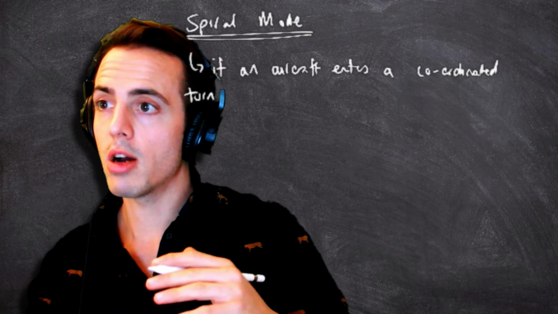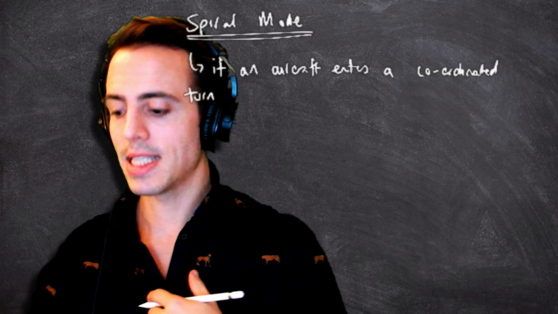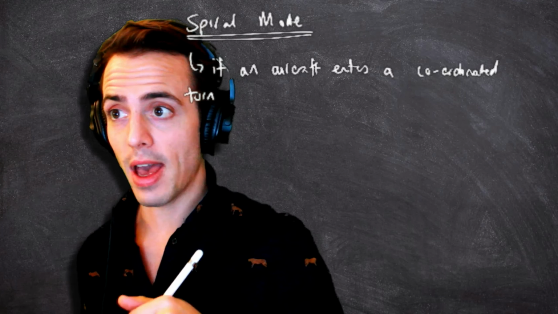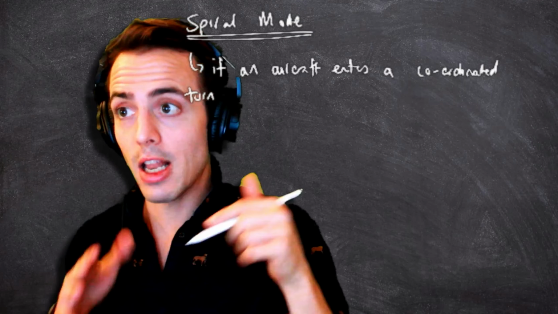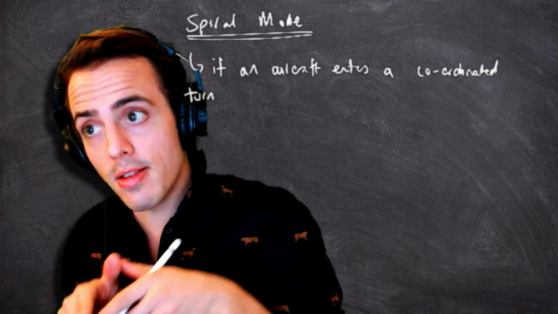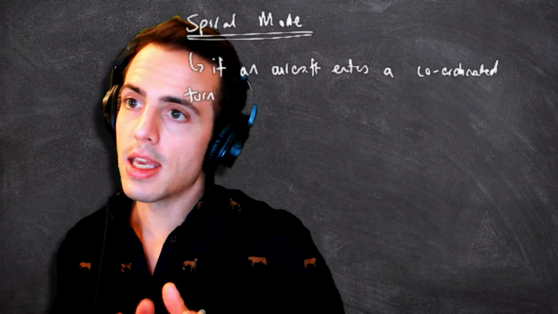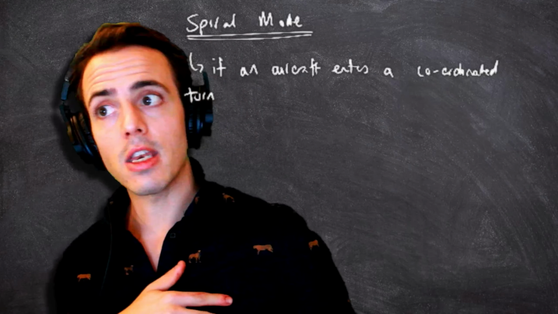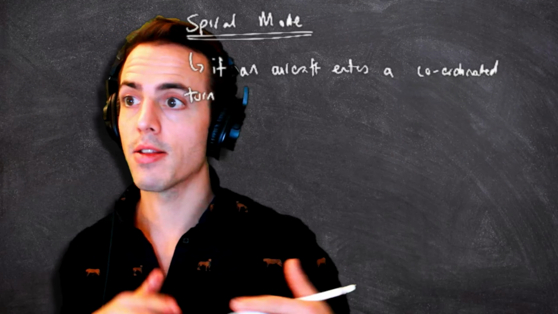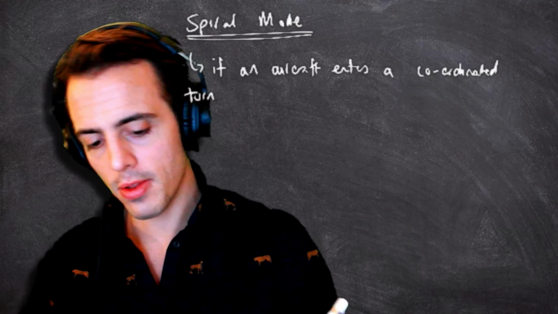So if an aircraft enters a coordinated turn, which means that the resultant vector or the resultant acceleration is aligned along the aircraft z-axis, then whether the turn is one of increasing or decreasing radius dictates whether the mode is stable or not.